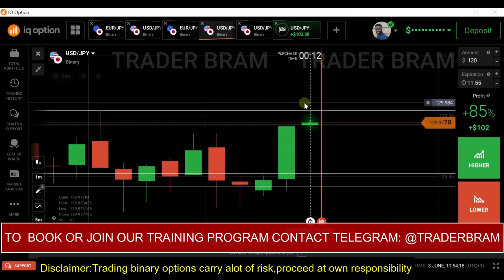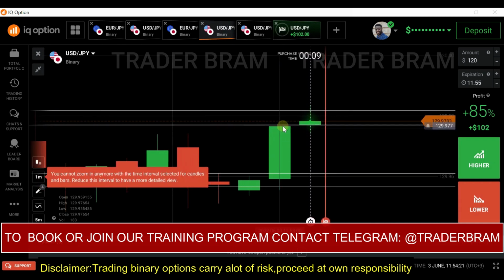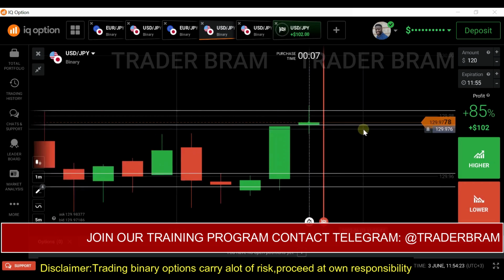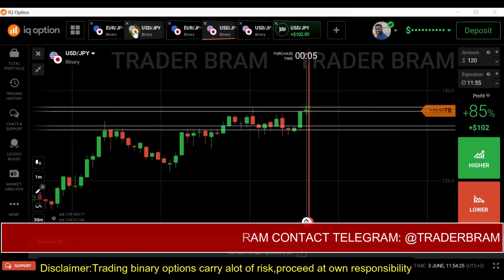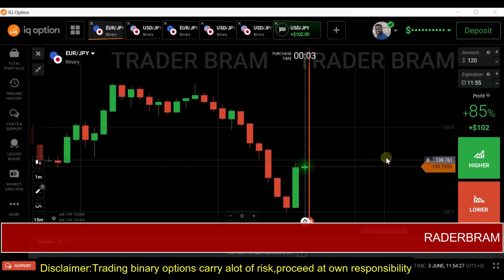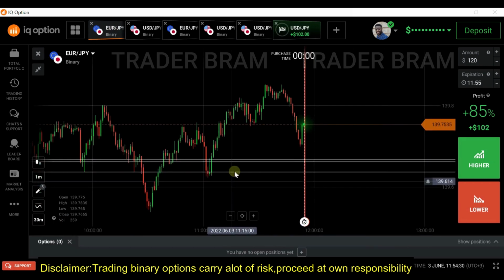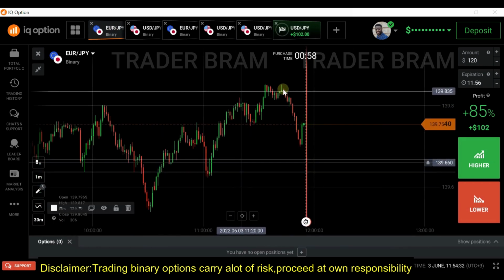So let's wait for this candle to close. We've closed just slightly below the level. Very strong upward movement.